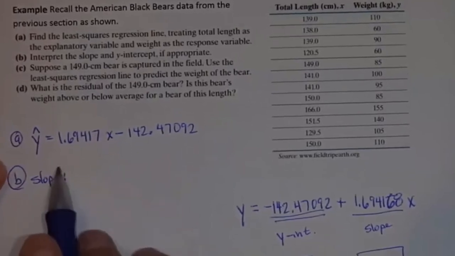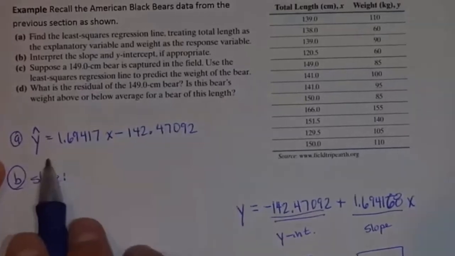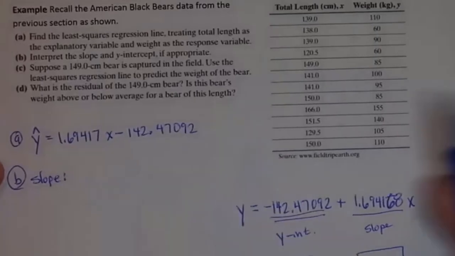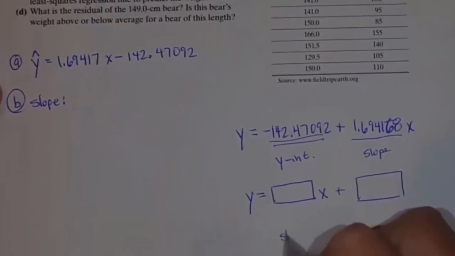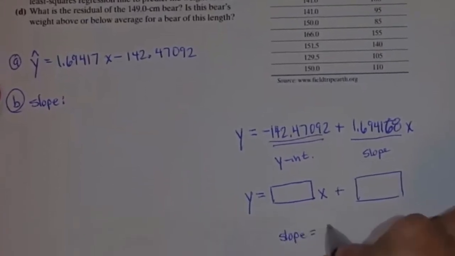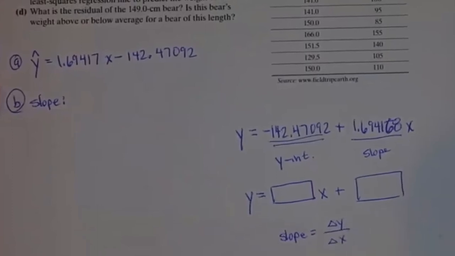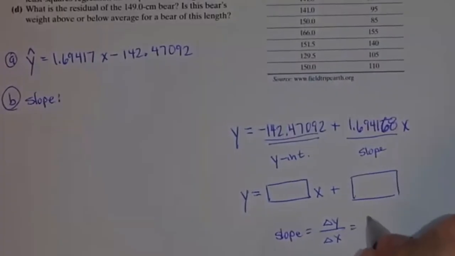So for every 1 unit increase in x, y is going to increase by 1.69417 units. I like to think of it this way. Slope is equal to the change in y over the change in x. In this case, y is the weights and x is the length. So we're looking at the change in weight over the change in length.